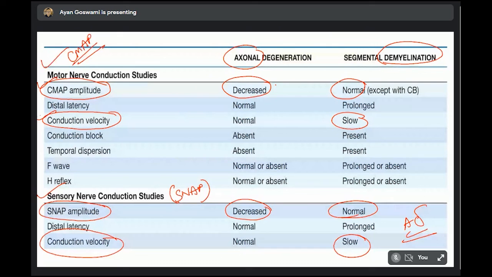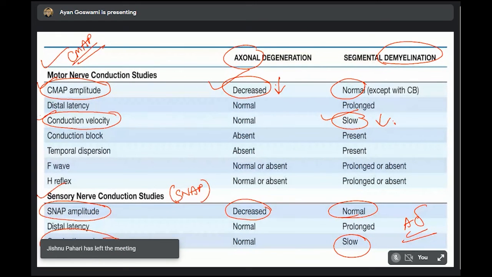So Ayush will be reporting that this is a case of mixed axonal and segmental demyelinating neuropathy. Yes, Ayush will be reporting that this patient, Ayan Goswami, has a mixed kind of neuropathy, both axonal and demyelinating.